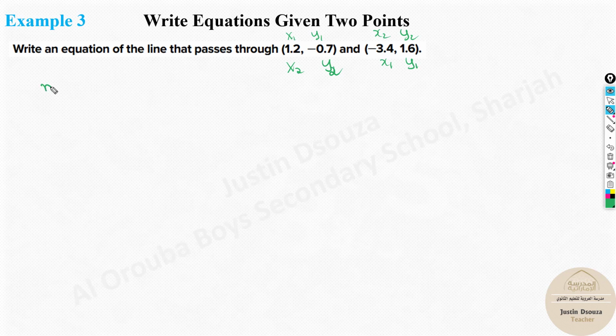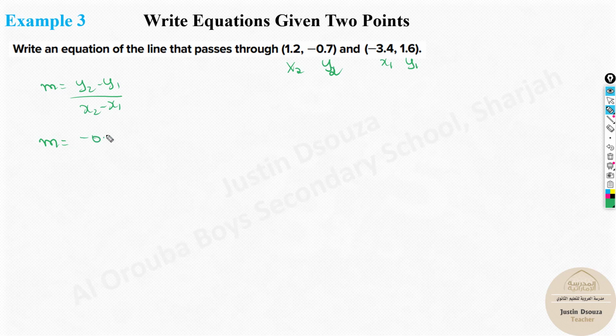Now let us write the formula. M equals y2 minus y1 by x2 minus x1. I will just choose x2 and x1 the other way around, because generally everyone does x1, y1, x2, y2. I'm just doing it this way to show you the answer will be the same however you do it. So what is y2 here?